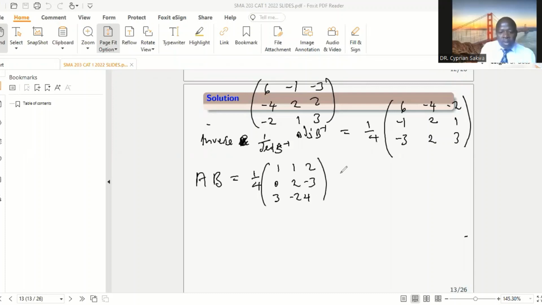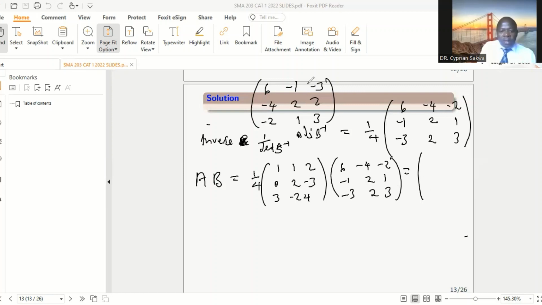And our B is here: 6, negative 4, negative 2, negative 1, 2, 1, negative 3, 2, 3. Of course, negative a quarter is already outside. So when I multiply this, you can deduce later.